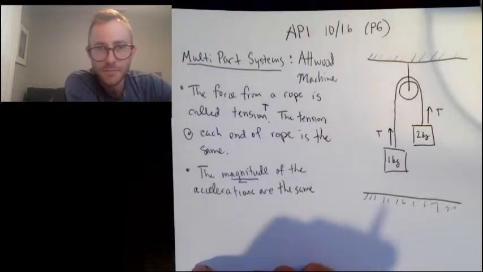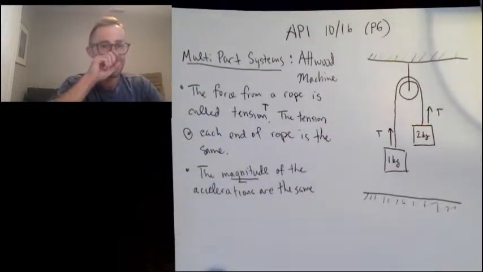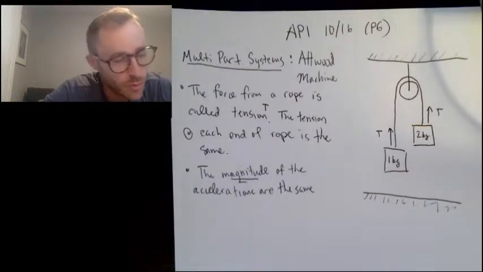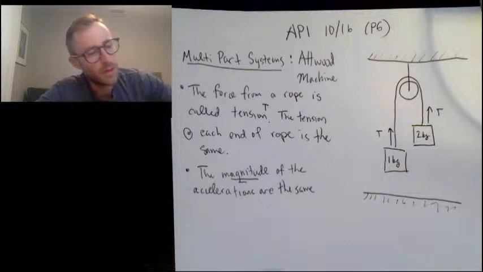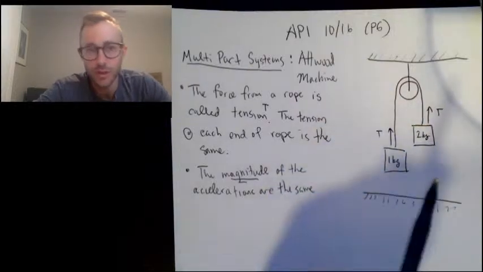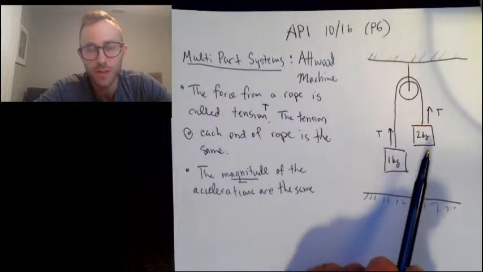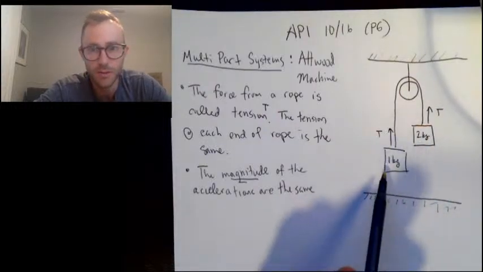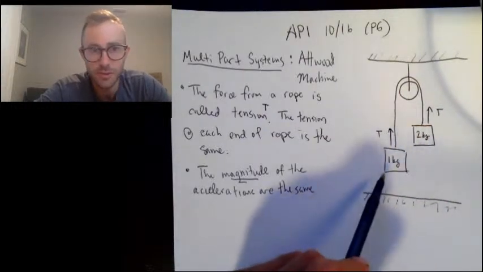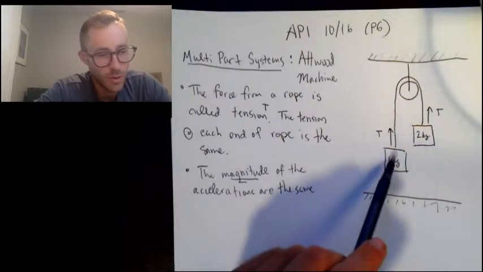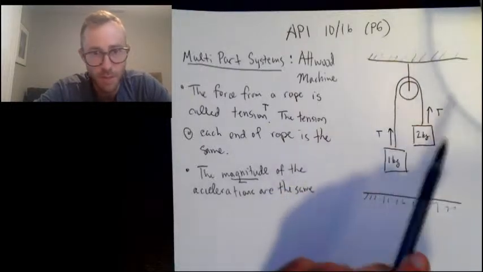So why is that true? Well, let's imagine a situation. I think it's fairly obvious that because the 2 kilogram mass is heavier than the 1 kilogram mass, if this system starts at rest, the 2 kilogram mass will fall, the 1 kilogram mass will rise, okay?